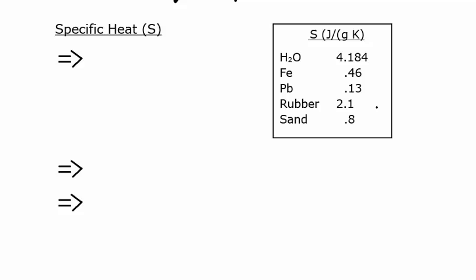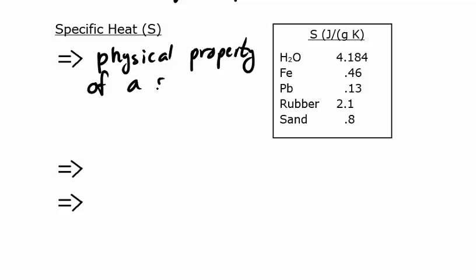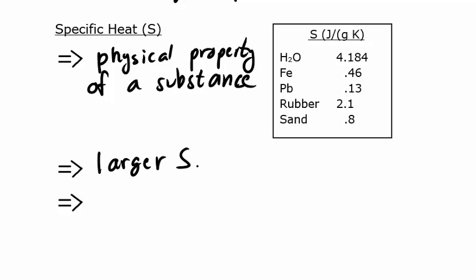All right, and the specific heat then is a physical property of a substance. And it basically tells you how much heat that substance can hold. So the larger the S is, then that means it takes more heat to raise some amount of that substance to a higher temperature.